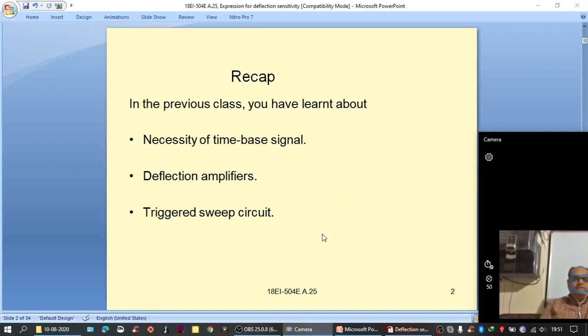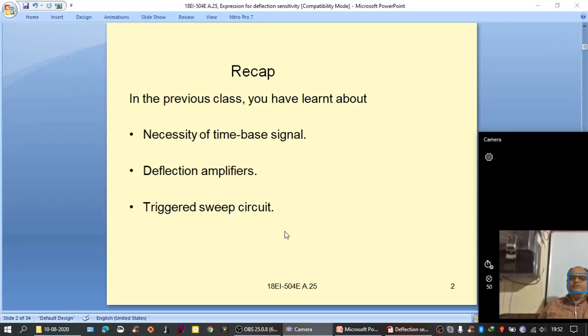Otherwise, we will get a wave shape which is continuously moving, which is flickering in nature. So, in order to get a flicker-free waveform, a triggered sweep circuit is best suited for a CRO.